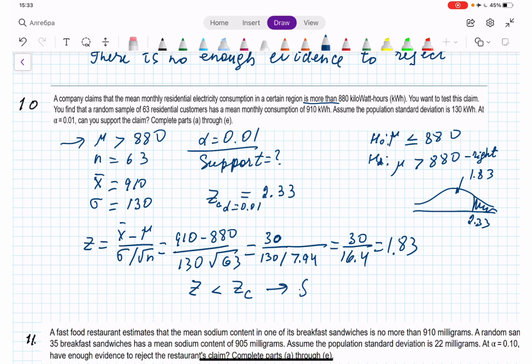That means we fail to reject the null hypothesis, because the standardized test statistic is not in the rejection region.